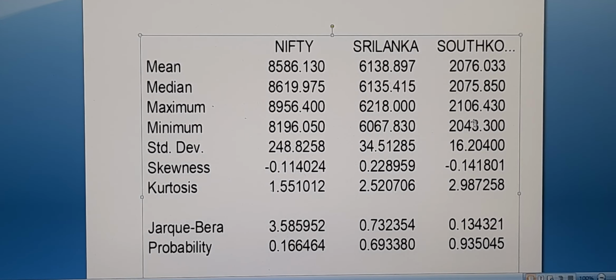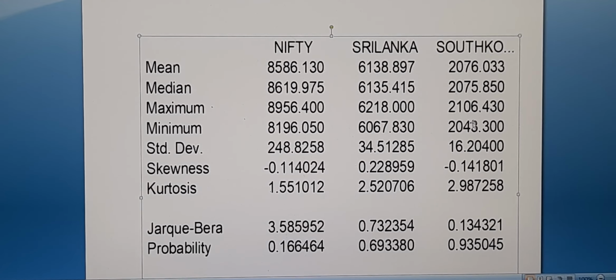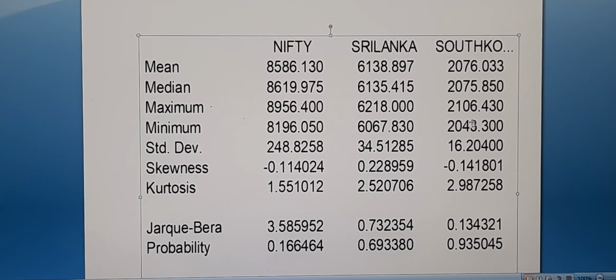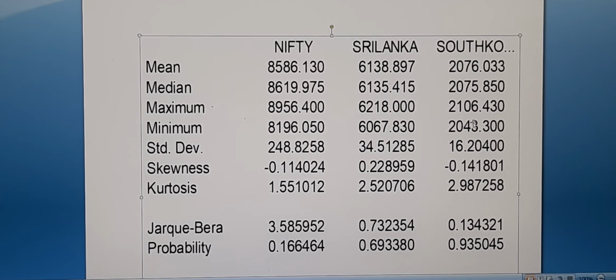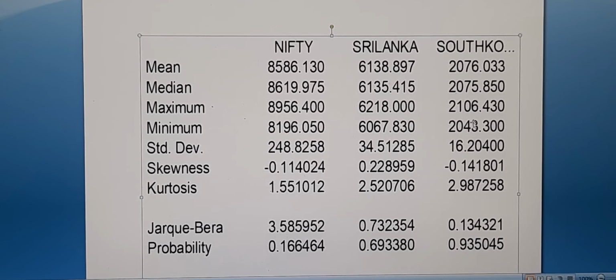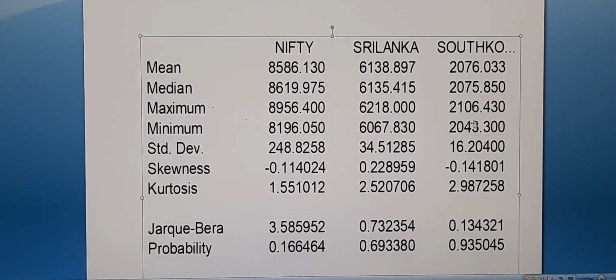So a small probability value leads to the rejection of the null hypothesis of a normal distribution. For Nifty in India, we cannot reject the null hypothesis, that is, the series is normally distributed. The same result holds for Sri Lanka and South Korea. The series are normally distributed.